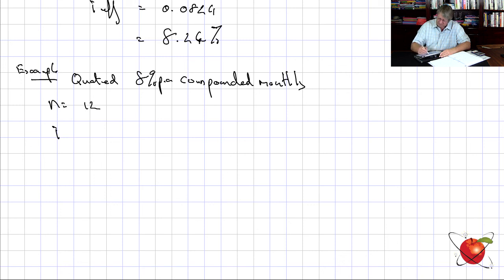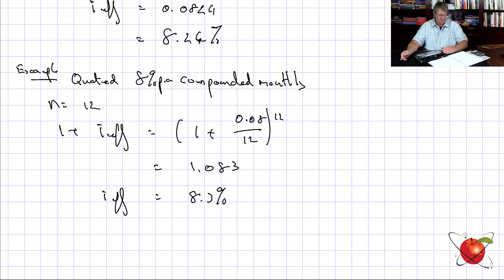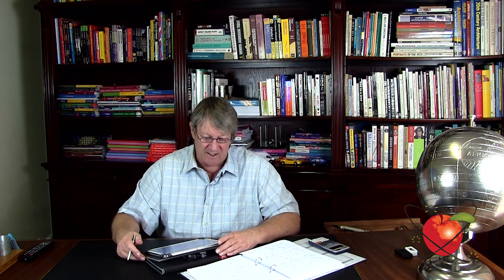Therefore, 1 plus i effective is going to be equal to 1 plus i nominal, which is 0.08 over 12, to the power of 12. That's going to be 1.083. And therefore i effective is 8.3%. That's what you're actually getting, okay?